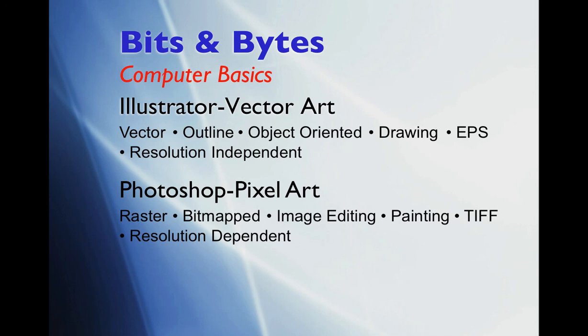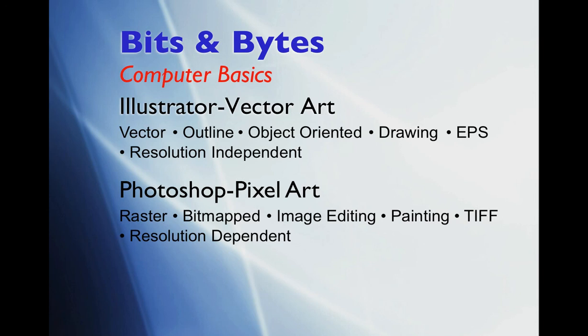So, Photoshop type art is raster. Now, I mentioned a few minutes ago that everything is rasterized, whether it's Illustrator or Photoshop images, so converted to dots, rasterizing, so it can be printed. But in particular, Photoshop is referred to as a raster software program.